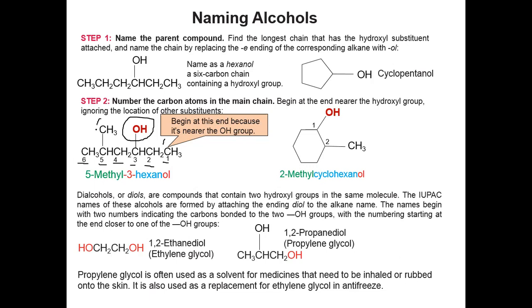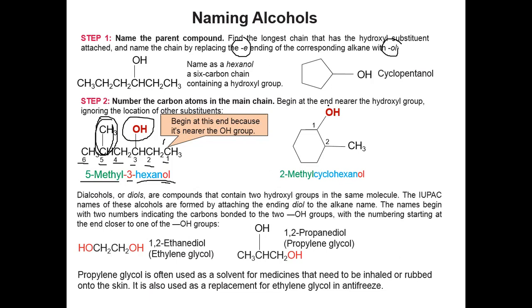On the fifth carbon we have one more substituent, which is CH3. So we can name it 5-methyl-3-hexanol. The letter E is changed to OL, so instead of hexane, it's going to be hexanol.